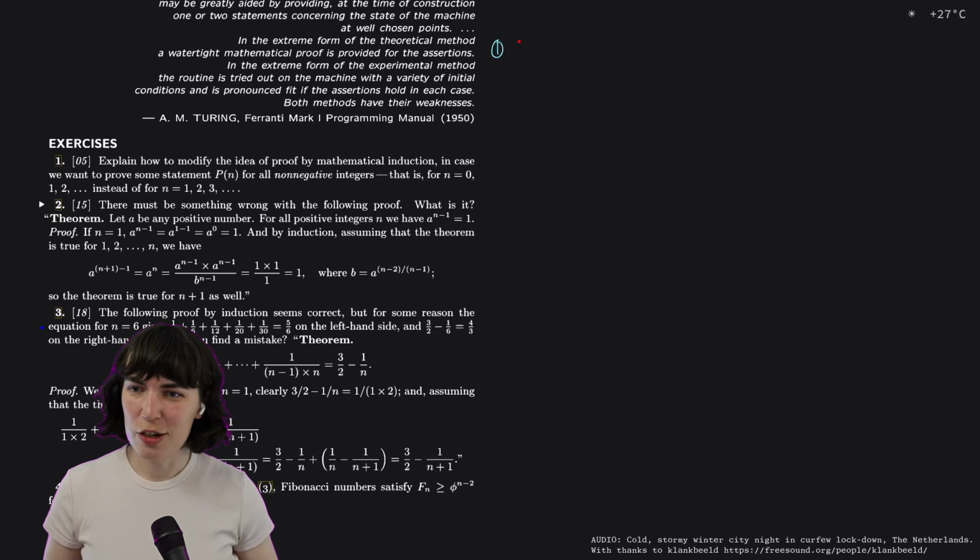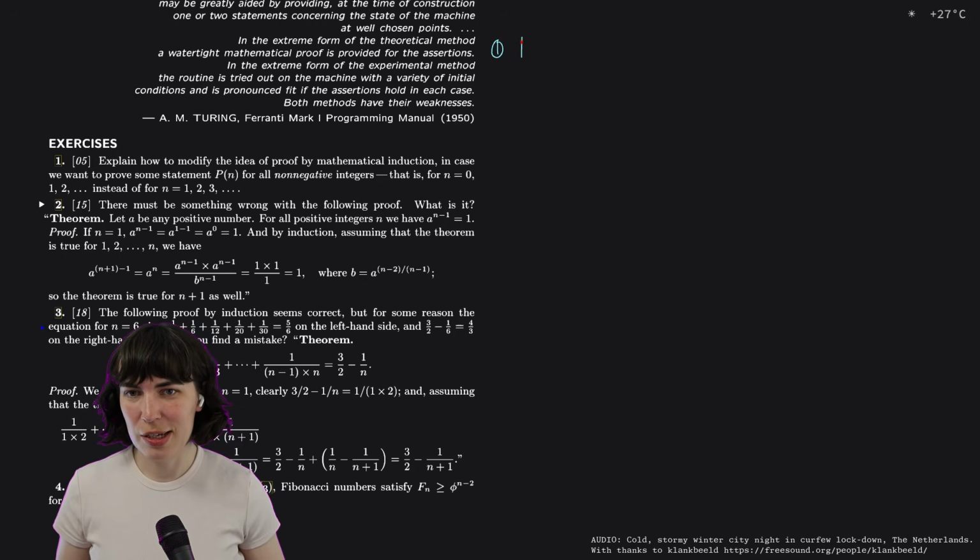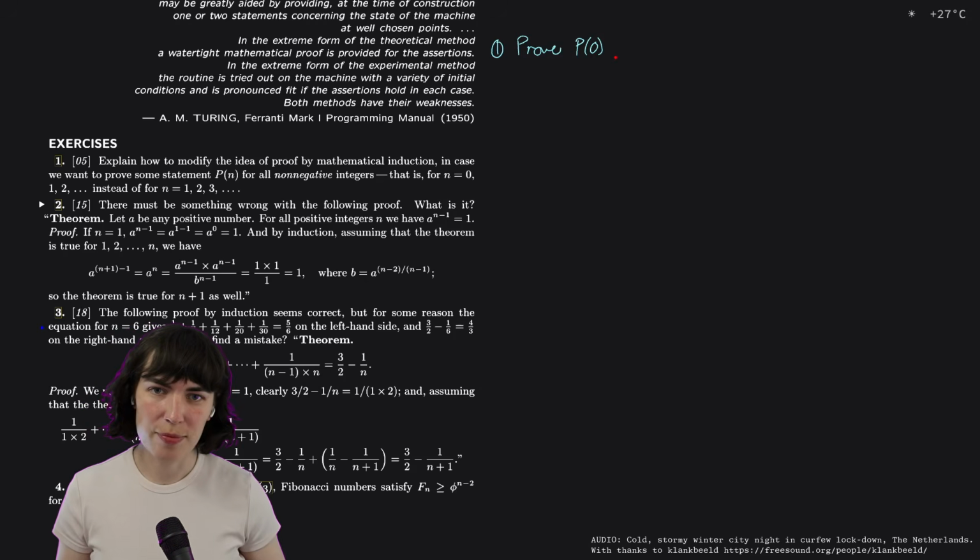Explain how to modify the idea of proof by mathematical induction in case we want to prove some statement P(n) for all non-negative integers, that is n equals 0, 1, 2, etc., instead of for n equals 1, 2, 3, etc. So in that case, we could prove P(0), right?